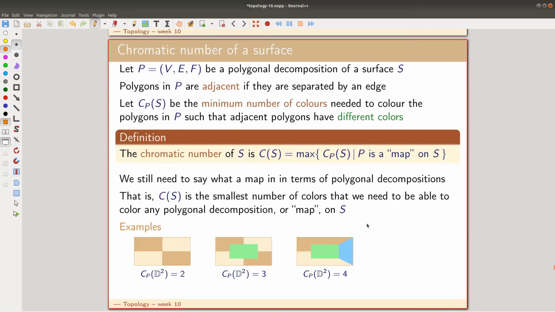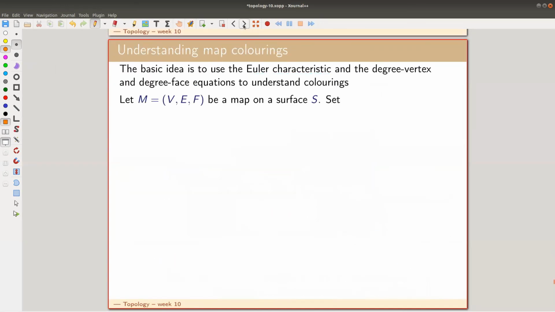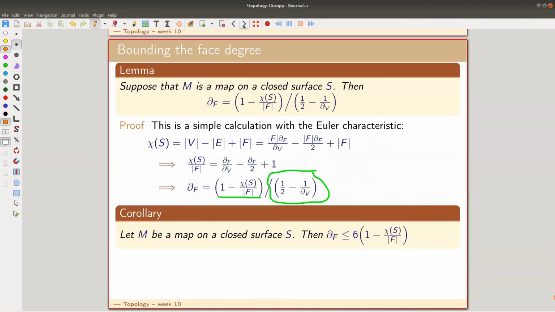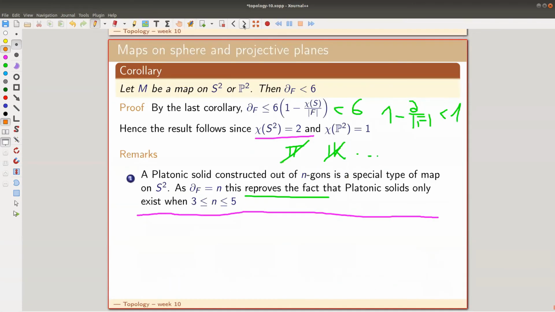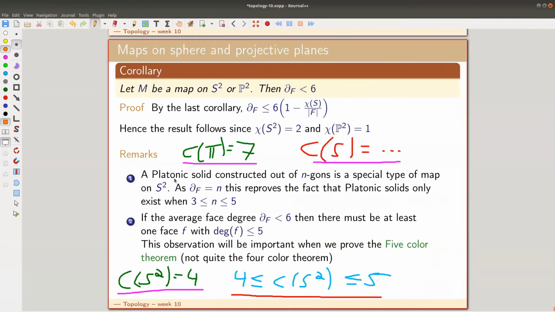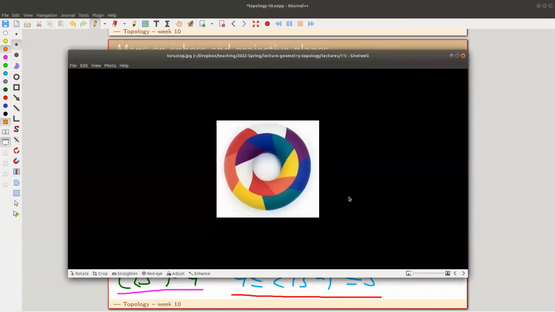And remember, it's usually very easy to find the lower bound. So let me show you all lower bounds again. So here's a lower bound. Let's go to the end. So here, 7 was my lower bound for the torus. I have another picture for the torus. Again, 7 colors on the torus really uses the geometry of the torus.